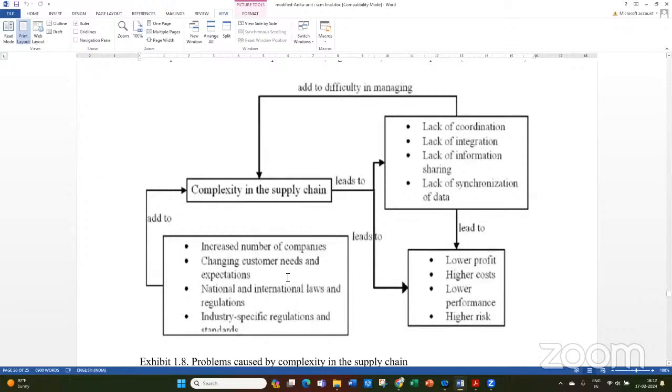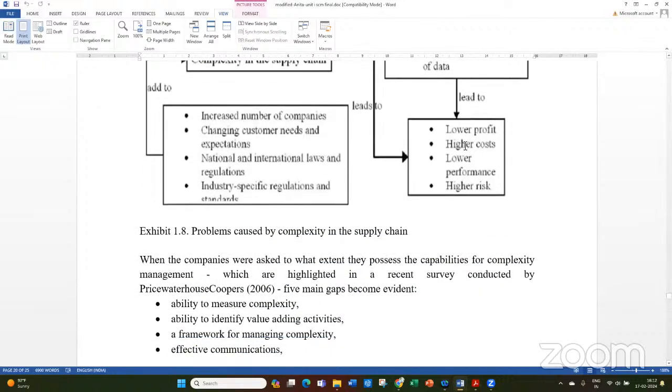It will be more number of partners to there, more complexity of networking there, and all problems in the transparency in the there. And coordination is a difficult thing, integration is a difficult thing, information sharing will not going to happen because sharing systems are not properly integrated, all these things. So all these things leading to lower profit, higher cost, lower performance, all these things are problem areas.